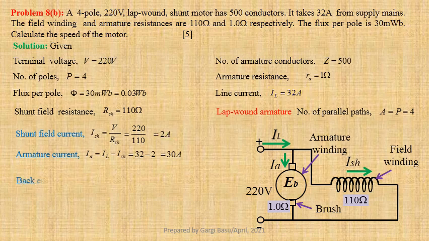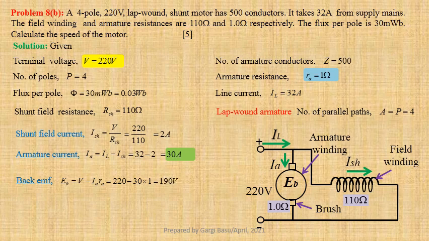Expression for back EMF EB equals V minus IA into RA. Here we are neglecting brush contact voltage drops. Using values we get EB equals 220 minus 30 into 1, that gives us 190 volts.